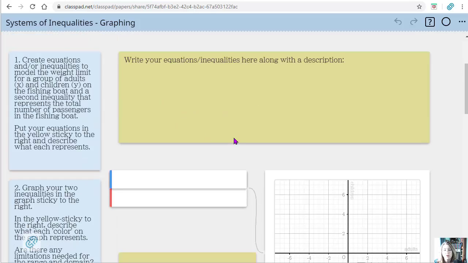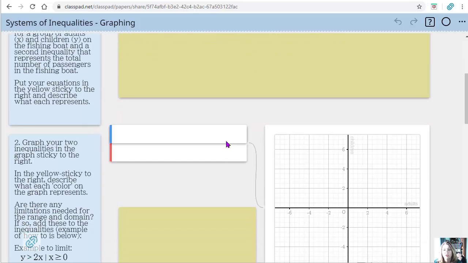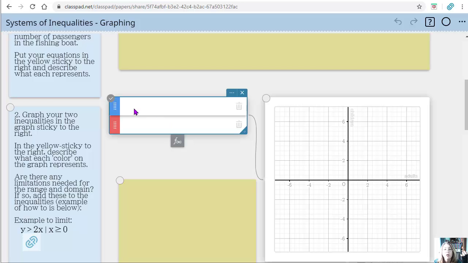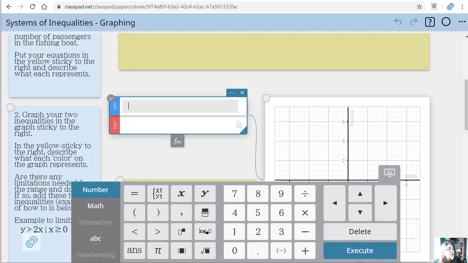I'm not going to go through all of the work that you might do, but I just want to show you how you would graph your inequalities. And so you'll see the graphs already set up where adults are the X and children are the Y. And so one of the equations has to do with how many adults and children can be on, what's the max, right?